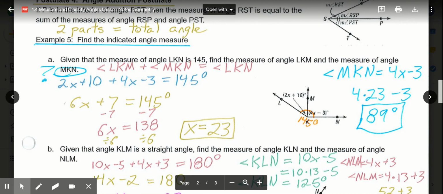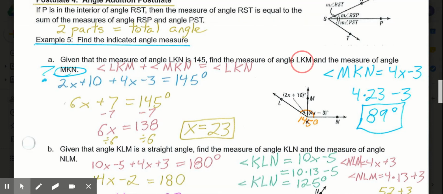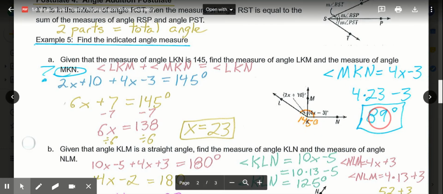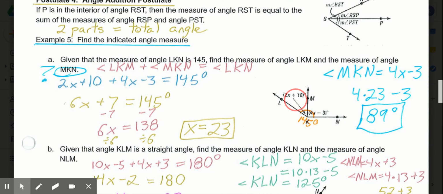Minus 3 gives me 89 degrees. Then, to find the measure of LKM, I would take my 145-degree total and subtract the 89 degrees for MKN, and that will give me the answer for LKM.